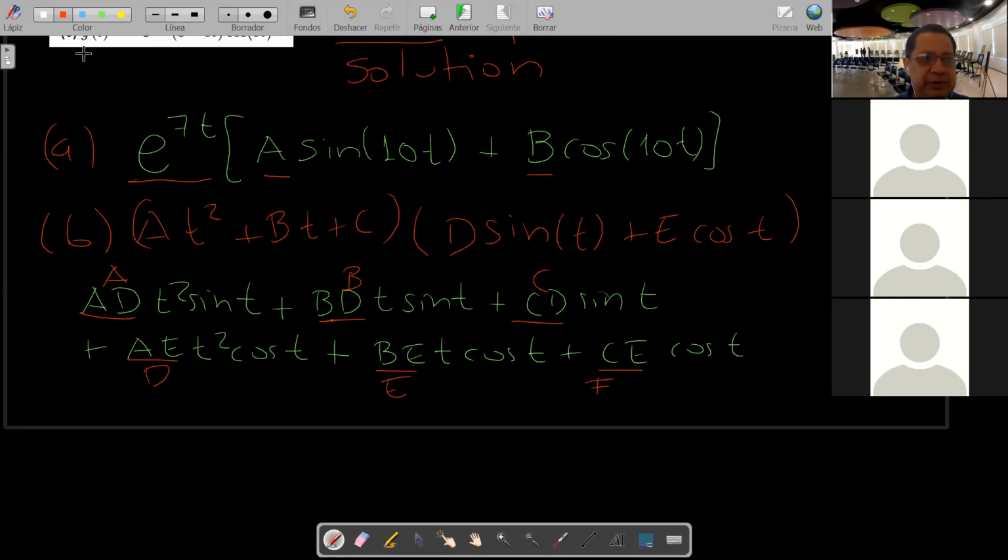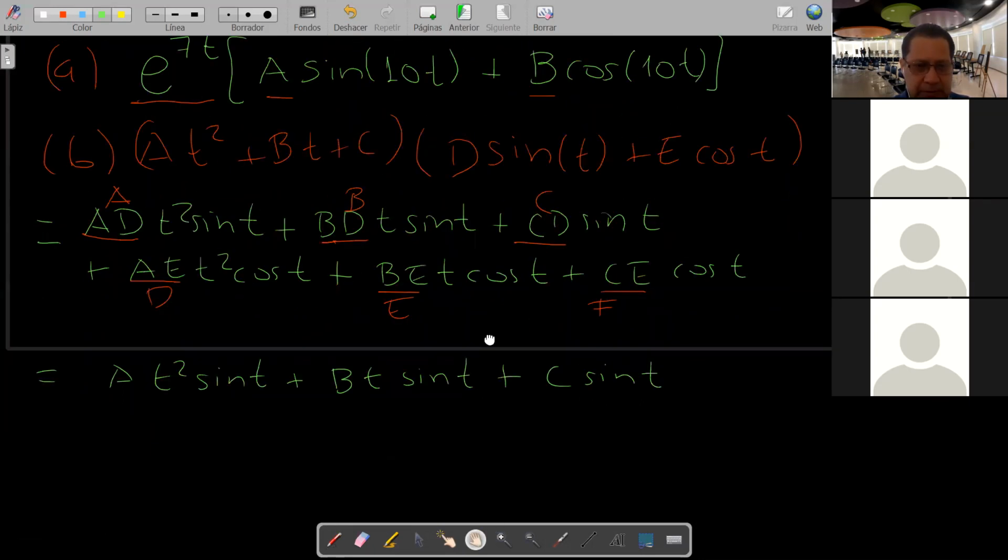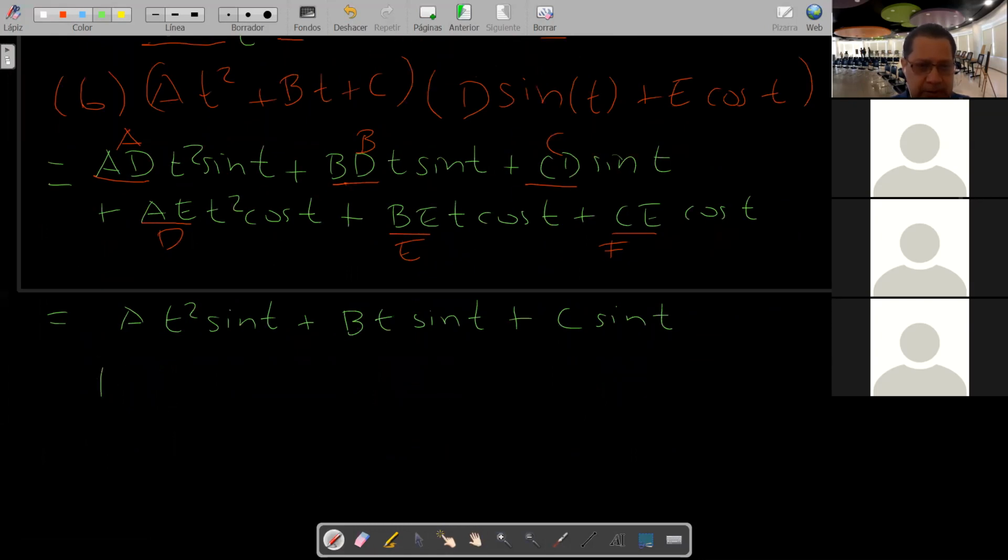And this can be written as a t squared sine of t plus b t sine of t plus c sine of t plus d t squared cosine of t plus e t cosine of t plus f cosine of t.